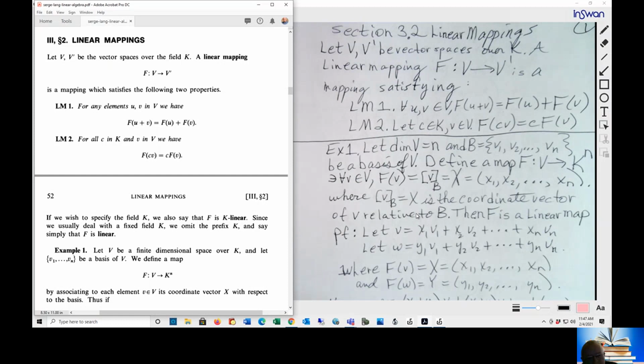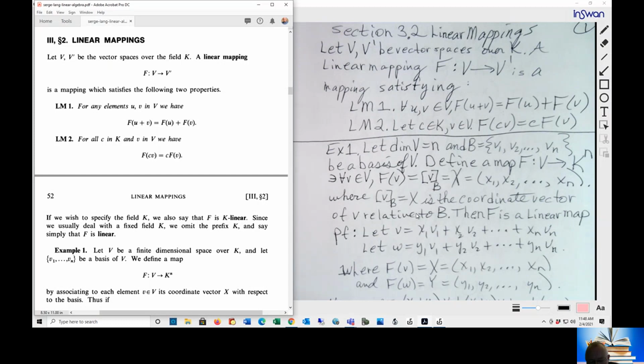And number two, LM2, for any scalar c in K and v in V, we have F of cv equals c times F of v. So that's the definition of a linear mapping.